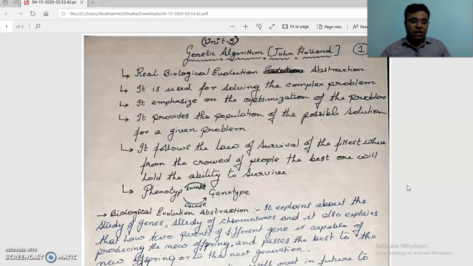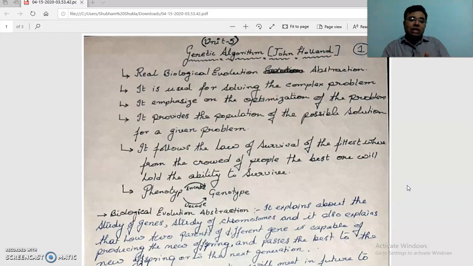Then while applying the genetic algorithm, what it actually does is that it initially combines the two parent sets of population. Then when the two parent sets of population meet amongst themselves, they produce another offspring, which is another data, or perhaps it is the new data.